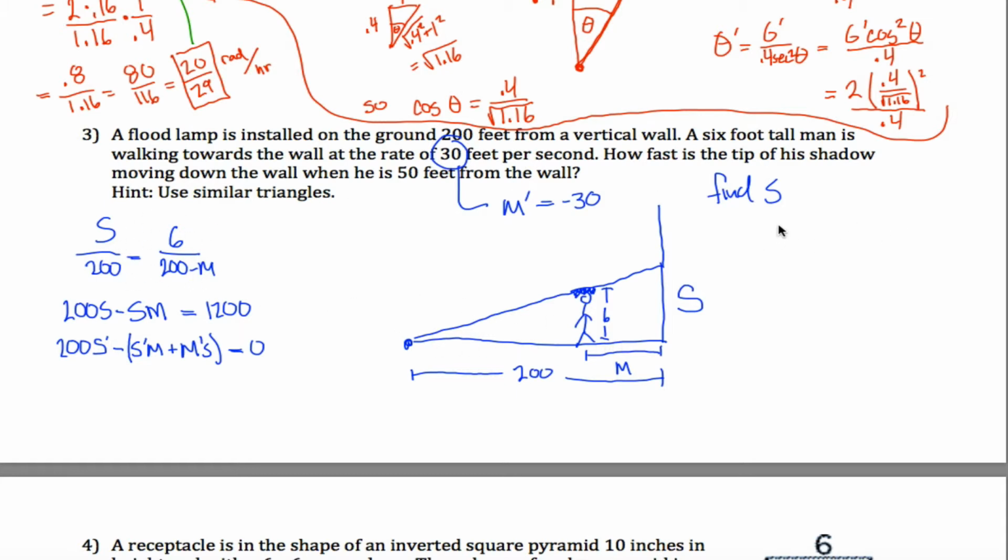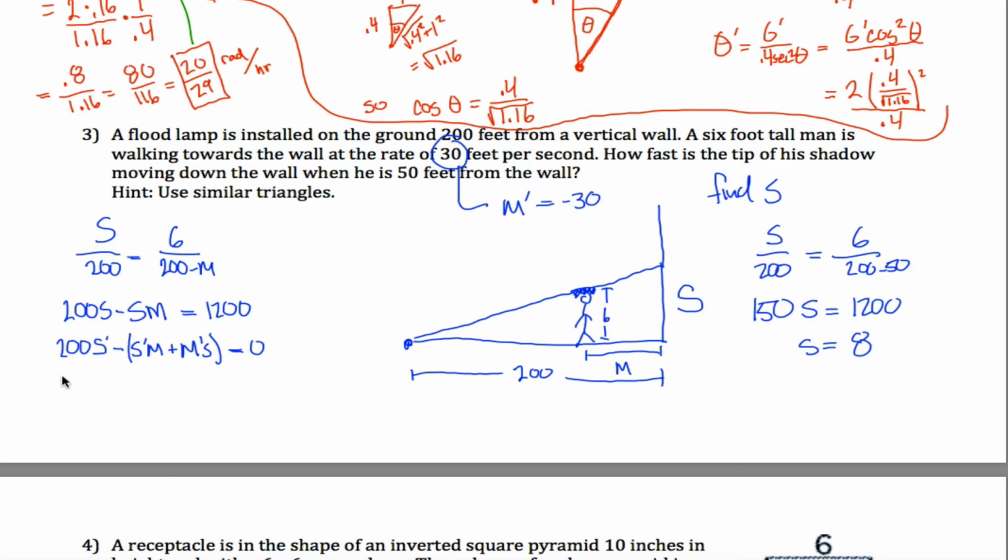So I got that S over 200 is equal to 6 over 200 minus M. I'm trying to figure out S, the length of the shadow, when M is equal to 50. So it's 200 minus 50. So I got 150 S is equal to 1200. So S is equal to, what's that, 8? If you take 1200 and divide it by 150, you get S equals 8.